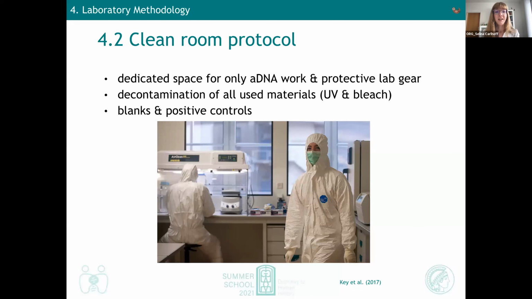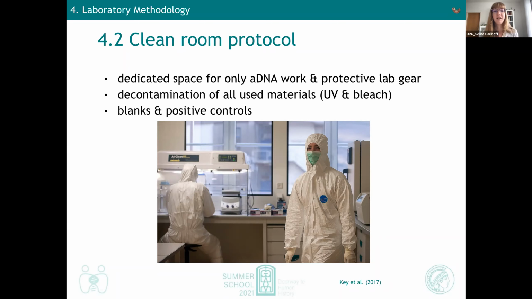And on the other hand, we also want to control for human error. So we take positive controls along, which are samples that we know work really well, to know that if in the end none of the, or some of the experiments didn't give any results, then if the positive controls also didn't work, that usually means that you forgot to put some chemical into a reaction.